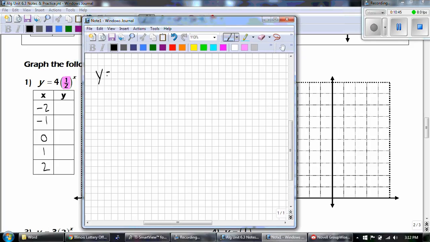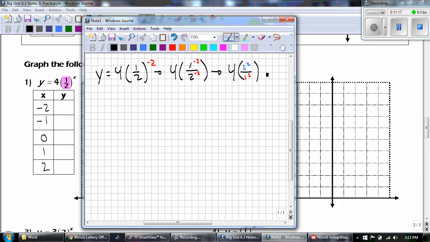So I got y equals 4 times 1/2 to the -2nd. Okay? Distribute. So -2, -2. If your exponent's negative, drop it like it's hot. If it's already on the bottom, bring it to the top.